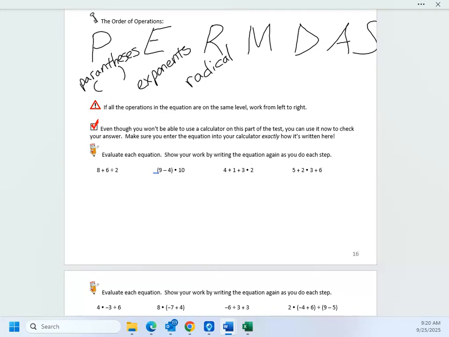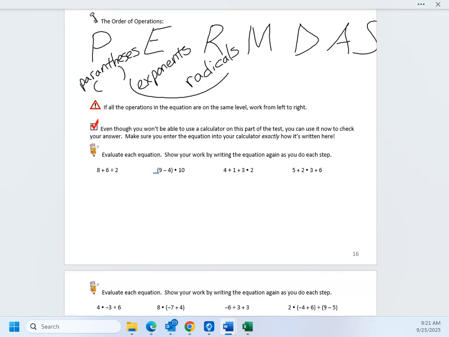A square root is a radical. Now, exponents and radicals are opposite of each other, right? The square root of 49 is 7. 7 squared is 49. So these two fall on the same level.